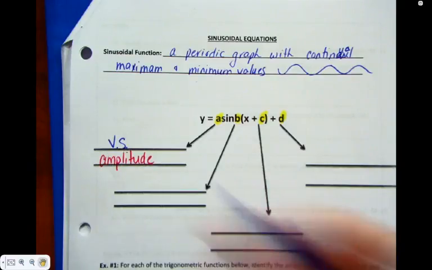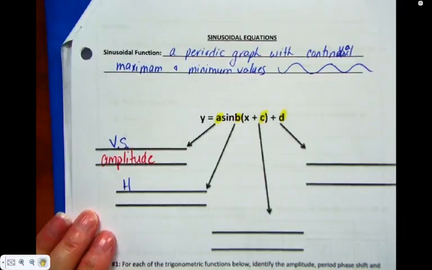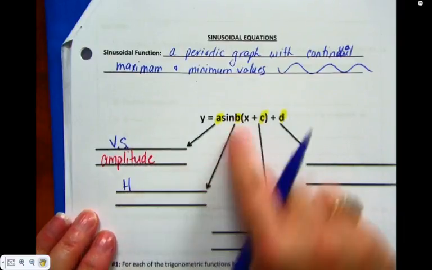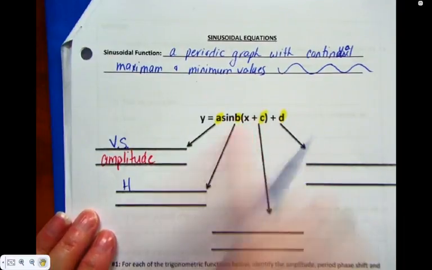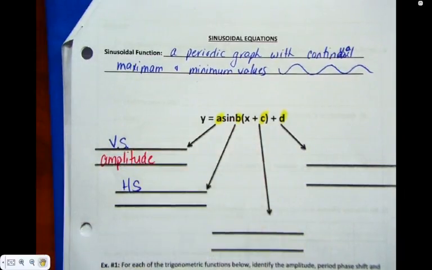B we talked about before is a horizontal inside multiplication, stretch or compression, depending on the number. Now, there's a few things in math we're really picky about, and there's a few things in math we're pretty lazy about.